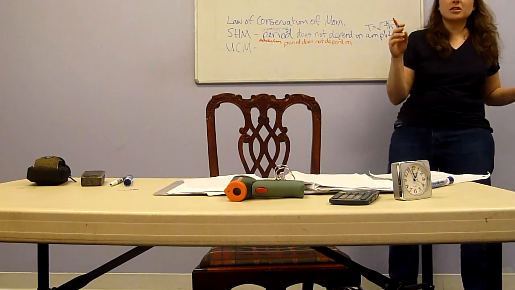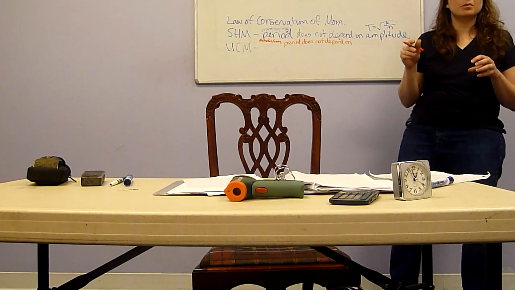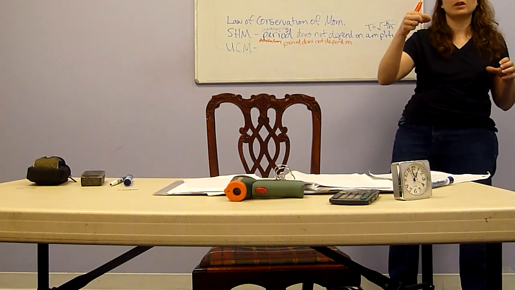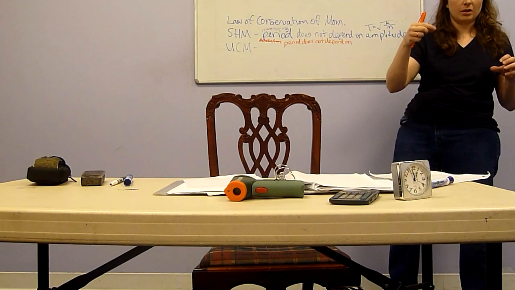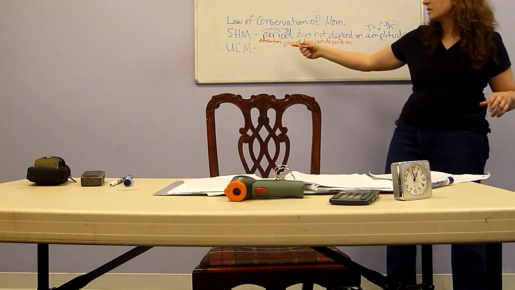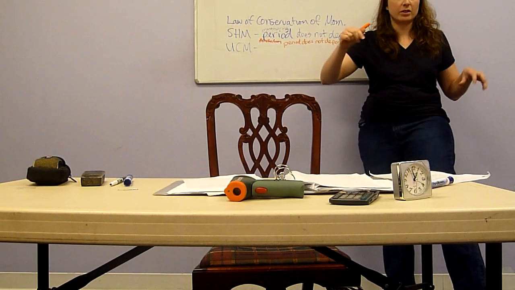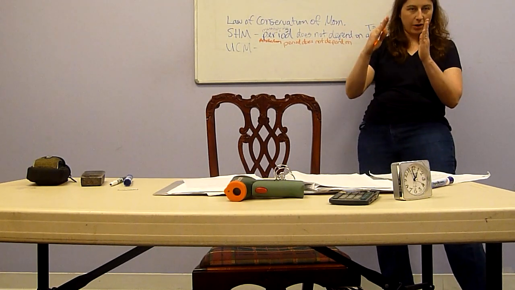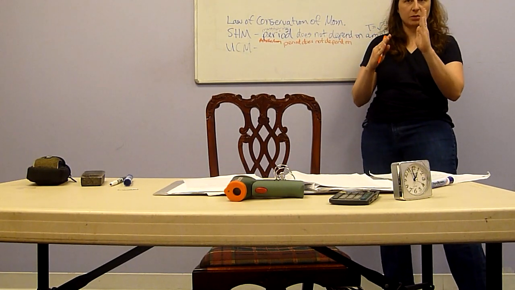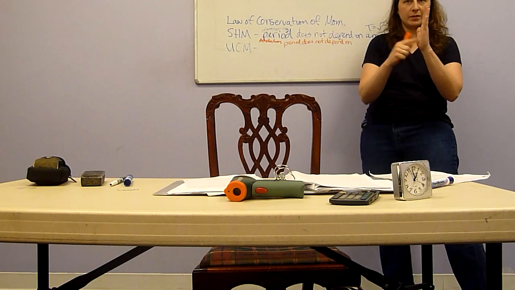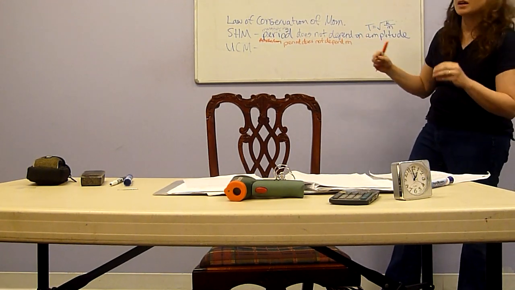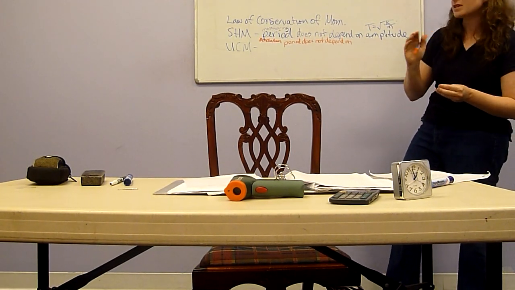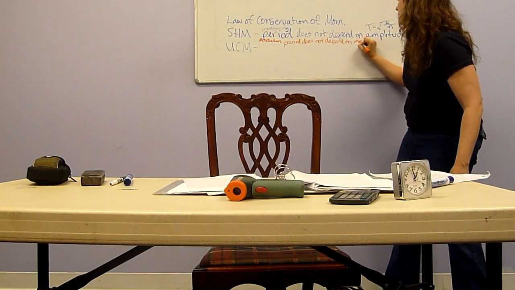What matters in a pendulum is it's only going to exhibit simple harmonic motion if you displace it at a small angle. So you must displace the pendulum only a small angle, not greater than like 20 degrees from the equilibrium point, the center. But the period of a pendulum doesn't depend on the mass on the end of the pendulum.